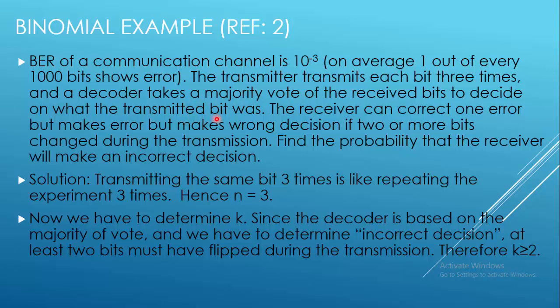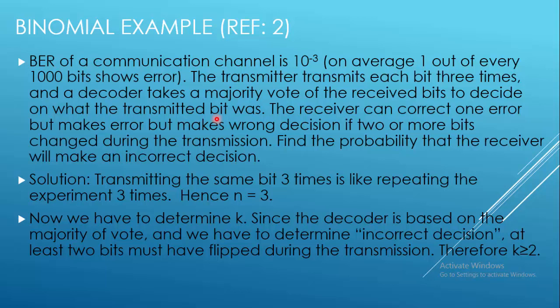So suppose a transmitter transmitted 1, the value of the bit is 1, and the receiver receives 1 1 1, then it will decide that the transmitted bit was 1, so the receiver will decode it as 1.